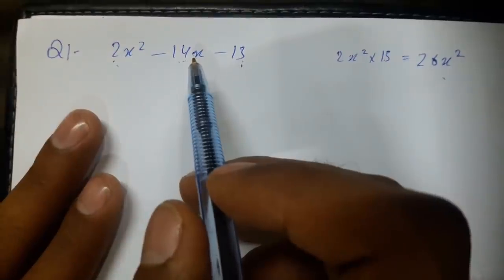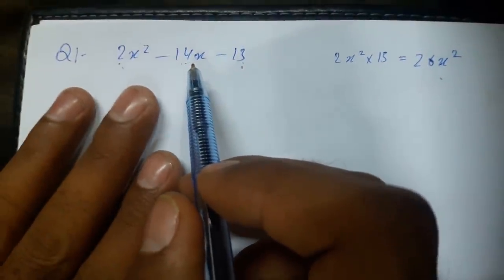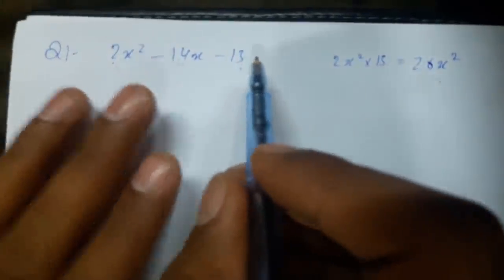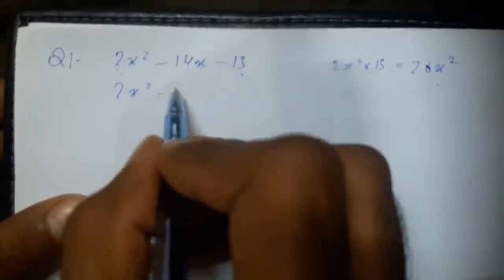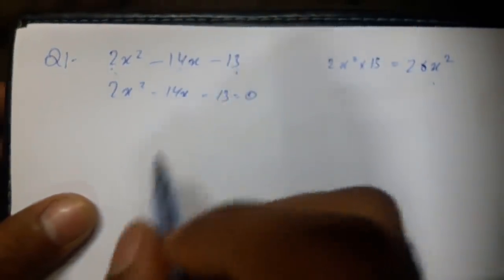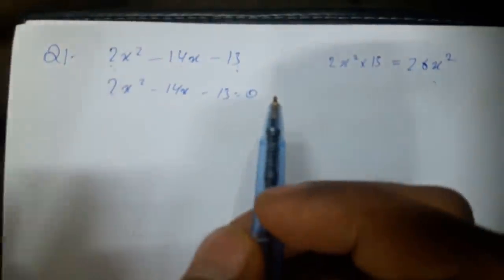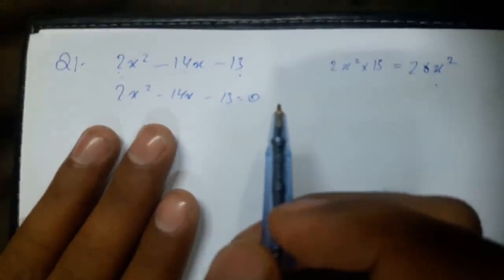Now you have to learn the quadratic formula. For this polynomial, let's suppose I am putting this as an equation, 2x square minus 14x minus 13 is equals to 0.